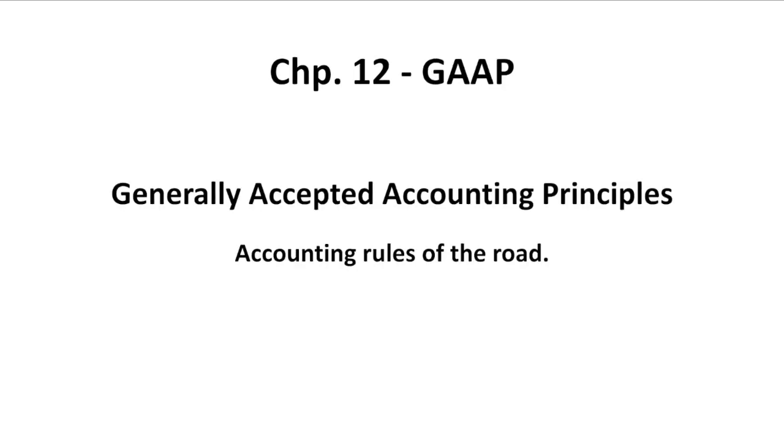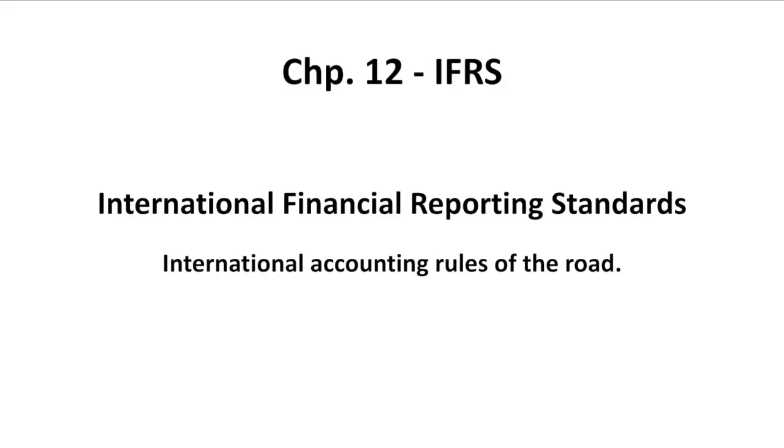I just mentioned GAAP, which is the generally accepted accounting principles. You can think of them as the accounting rules of the road. They include things like inventory cost flow methods, how we depreciate things, the revenue recognition principle, and why we do adjusting entries, all of these different things. And you'll study those things in a future accounting course.